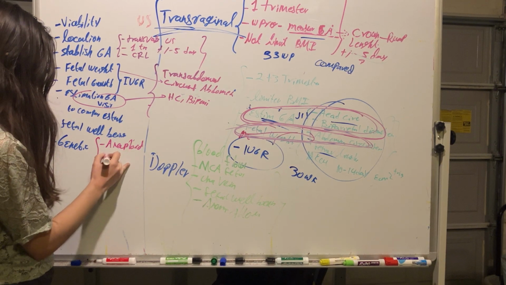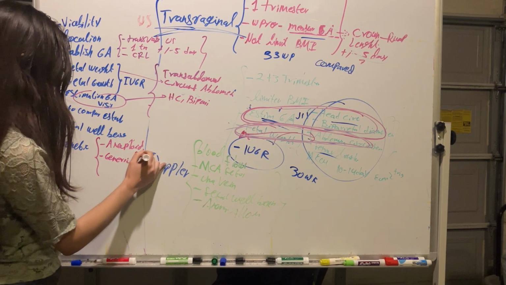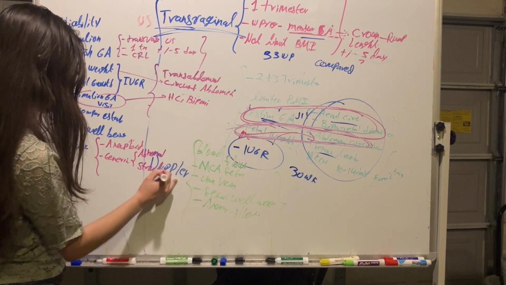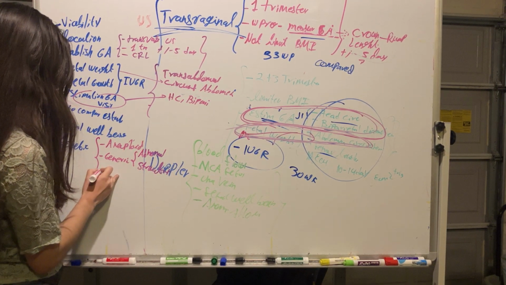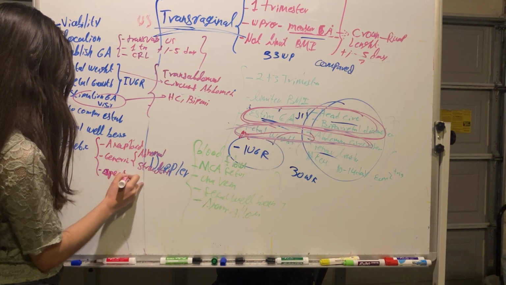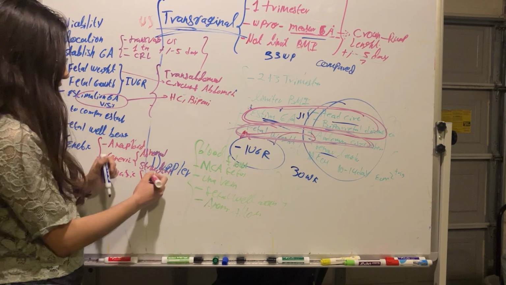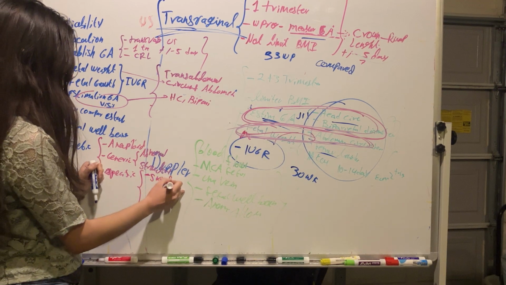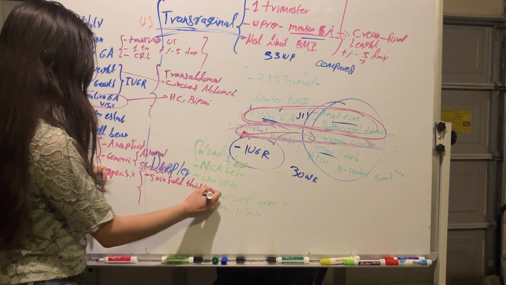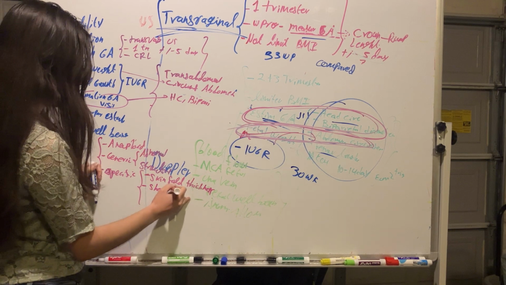We do the anatomic ultrasound, which is to evaluate for abnormal structures, and we do a specific ultrasound, which is to evaluate specific things like skin fold thickness, short long bones.